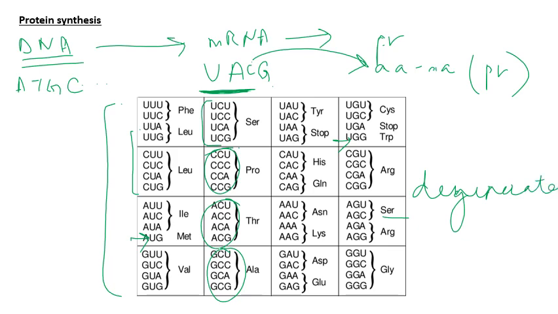And that is where the variations in the third position of these codons are tolerated by the protein synthesis machinery, and it leads to the formation of the same amino acid being linked.